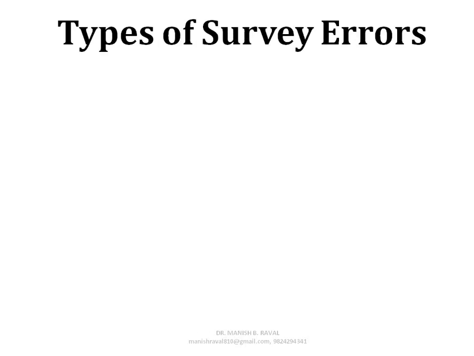As I said, in this particular session we are going to learn sampling. First of all, why do we need to learn sampling and better techniques of sampling? There are certain types of errors, which are called survey errors. If such errors take place, the result of your research would not come as per the expectation, or there may be mistakes in the research work.